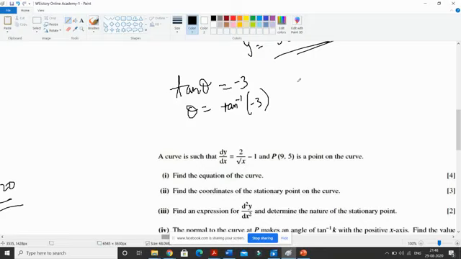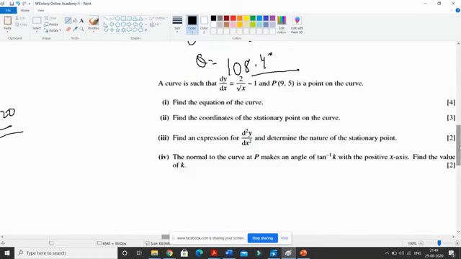But actually tan inverse of minus 3 will give you a negative value, as we want the angle from the positive x-axis. We need to add 180 degrees to get the positive value. So the positive answer theta is 108.4 degrees.